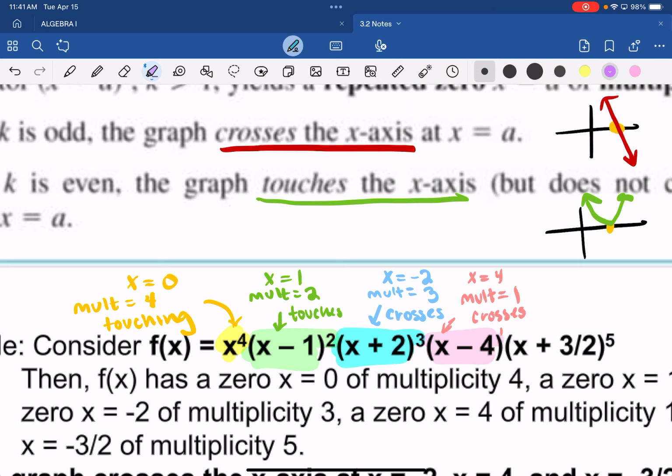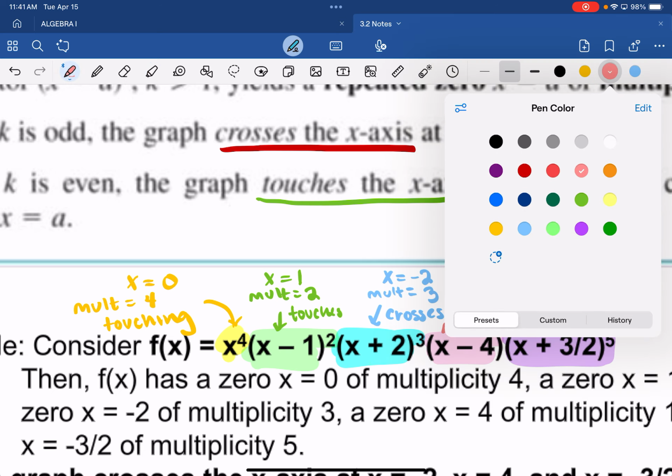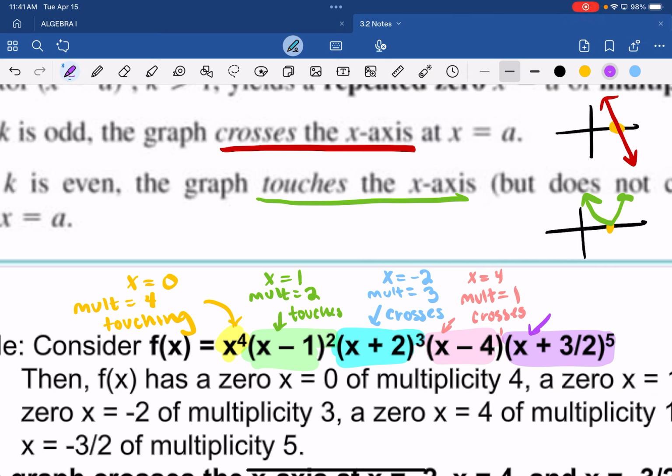And last but not least, we have our final one. I know my x value is negative 3/2. Oh, I need a negative in there. Negative 3/2. It has a multiplicity of what? 5. And it's odd, so I know that it crosses.